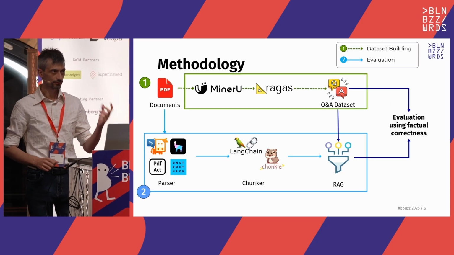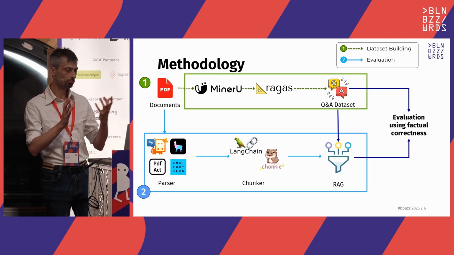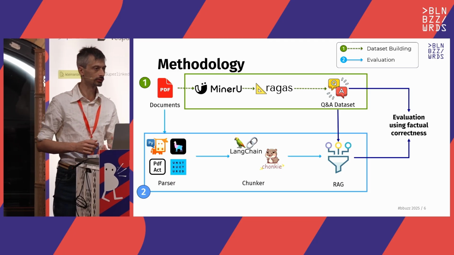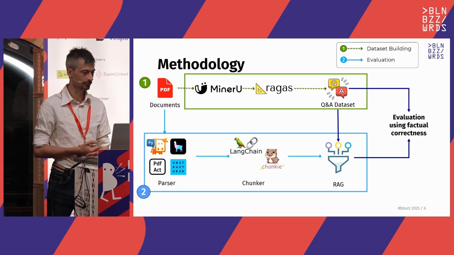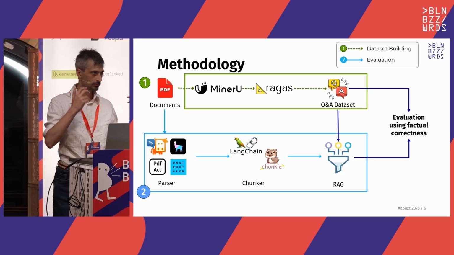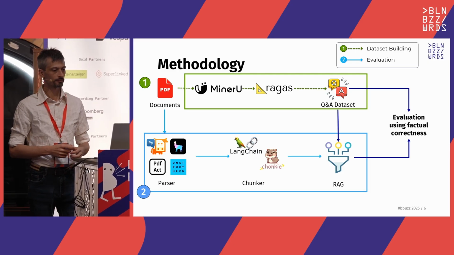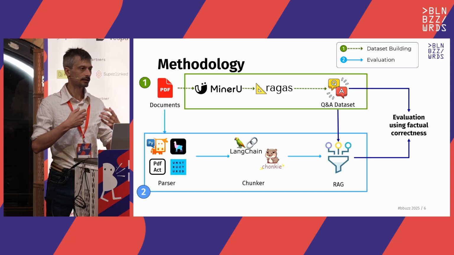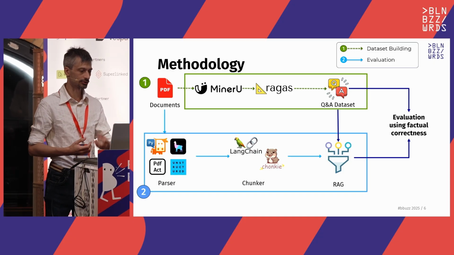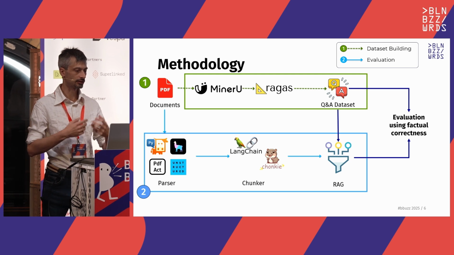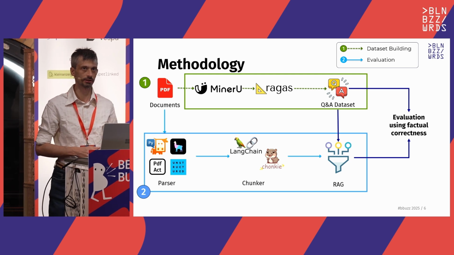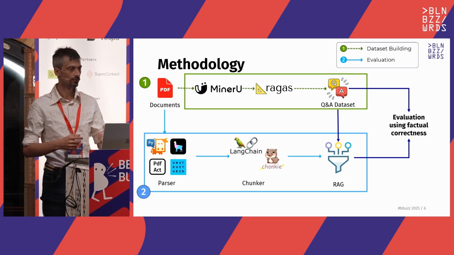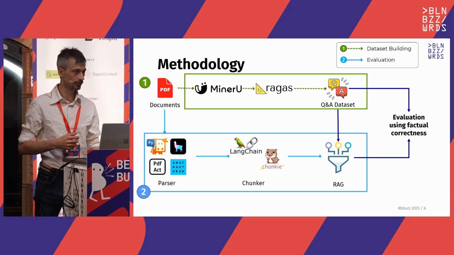So far, we know more or less how to test and evaluate retrieval-augmented generation. There are different techniques to score. We create a Q&A dataset, we evaluate the retrieval part, and there are different scoring mechanisms, like using LLM as a judge for evaluating the quality of the answer.